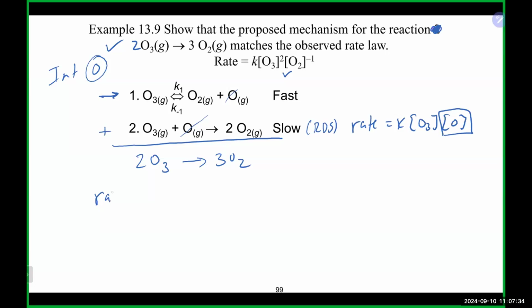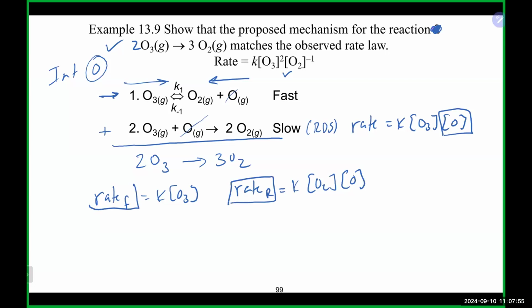The rate law of the forward direction going from reactants to products would be k times [O3]. In the reverse direction, the rate law would be k times [O2] and [O]. Once again, because these rates, when it reaches equilibrium, will equal each other, we can set both of these equal to each other as well.